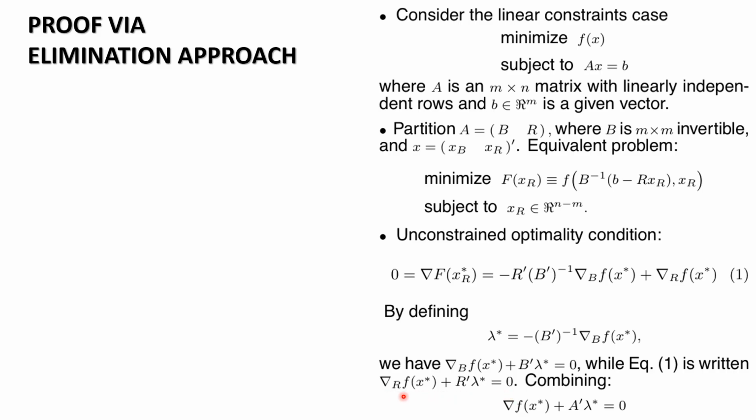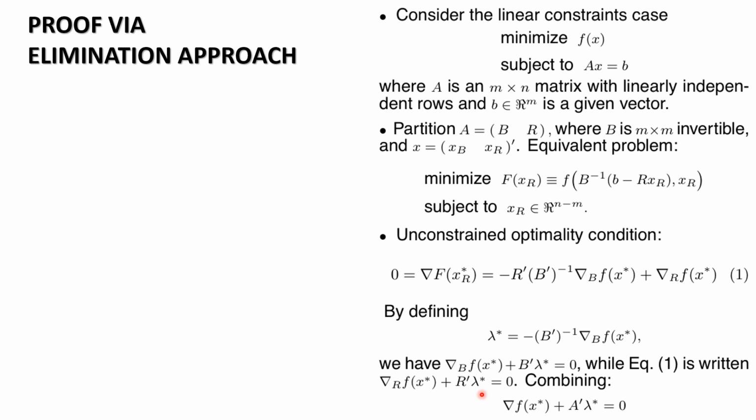where the gradient with respect to R of the function f at the point x star plus the transpose of matrix R multiplied by the Lagrange multiplier lambda star is equal 0.